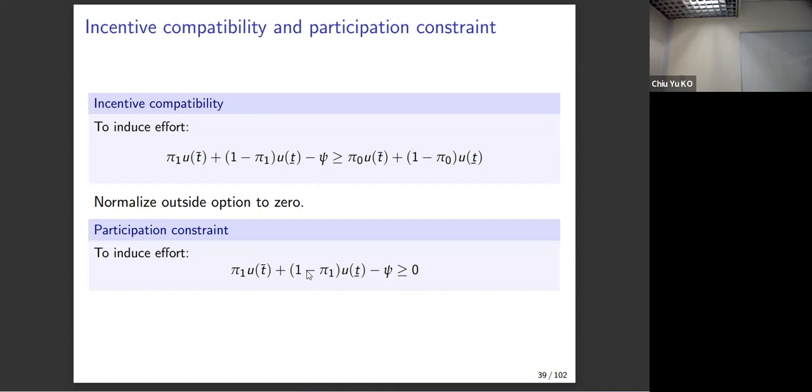I want him to do effort, then go outside, right? Do effort: you have pi 1 successful, 1 minus pi 1 unsuccessful, cost of effort, bigger than he stays out. And he puts in effort with pi 1, he doesn't with pi 0. So I want him to do effort, rather than no effort.